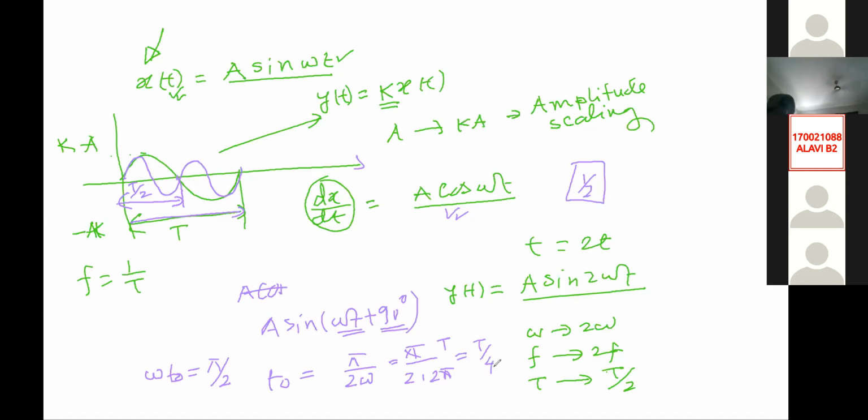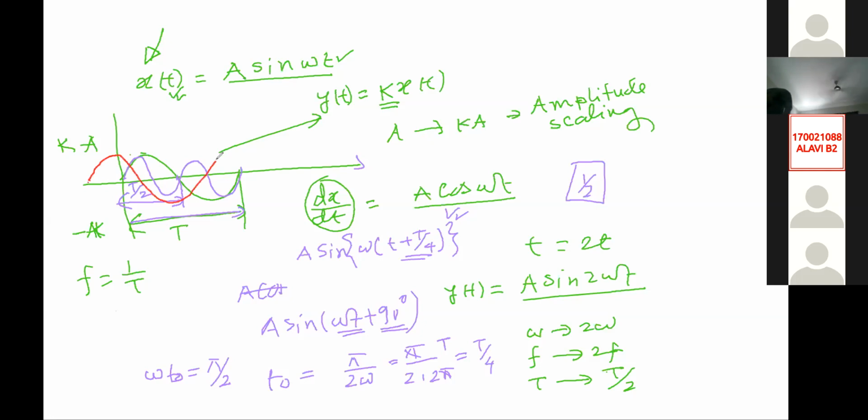So you can write this signal as A sine omega, placing your omega common, (t plus T divided by 4), isn't it? So if you plot this signal, your cosine signal will be something like this.